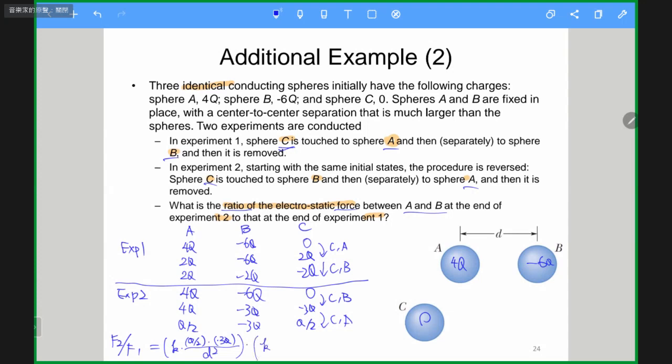We don't need to know what D is. For experiment 1, 2Q and negative 2Q, so we have K times 2Q times 2Q over D squared.